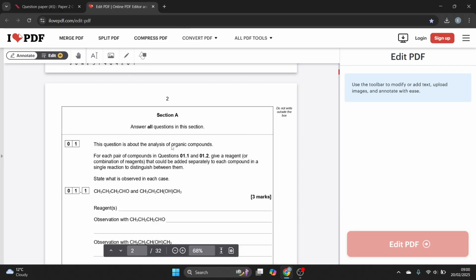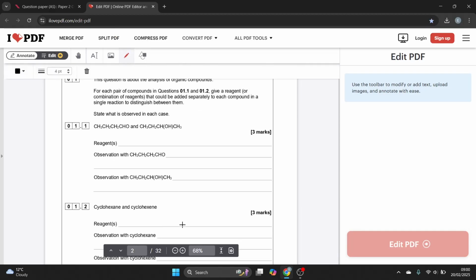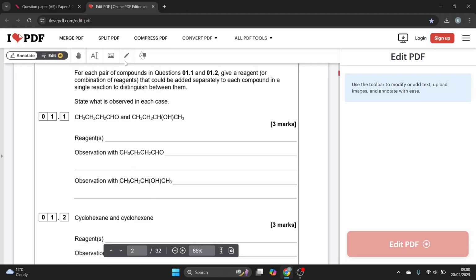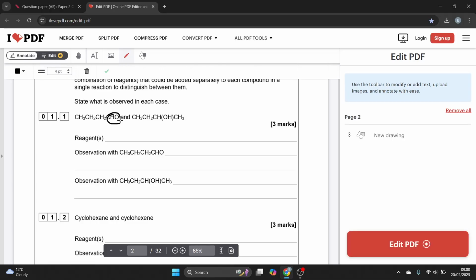Question 1, state what was observed in each case. So, I've got an aldehyde, I've got an alcohol, so I'm going to use Tollens reagent. The observation with the aldehyde, silver mirror.